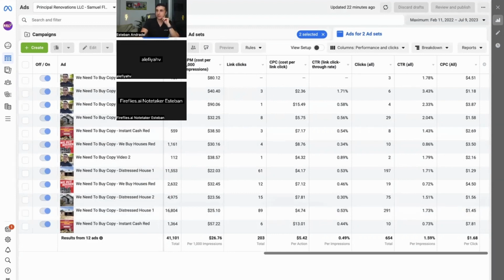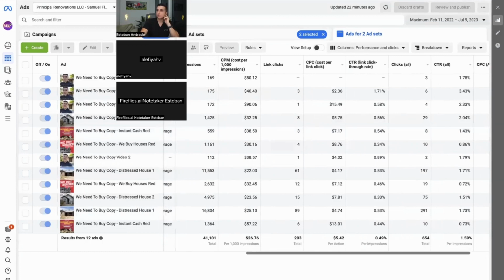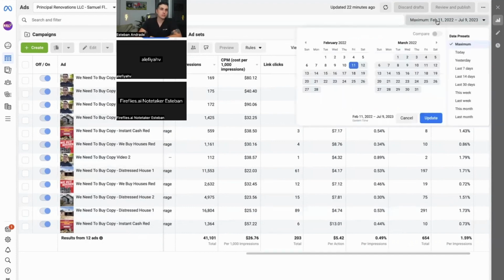Okay, let's take a look at which other metrics we can show in here. All right, so let's take a look at this tab in here, which is the dates. Let's take a look at this tab right here where it shows maximum.